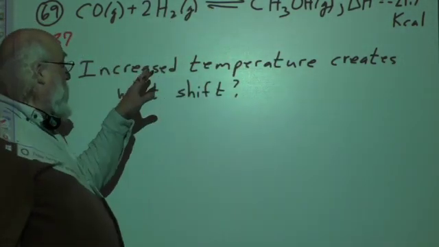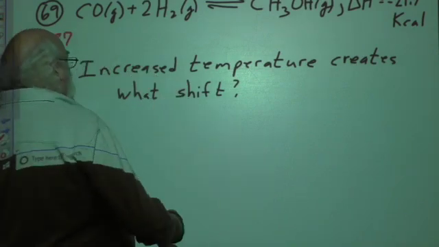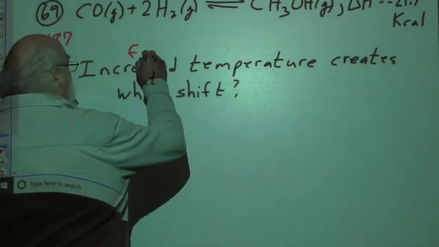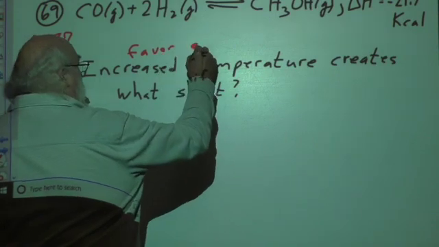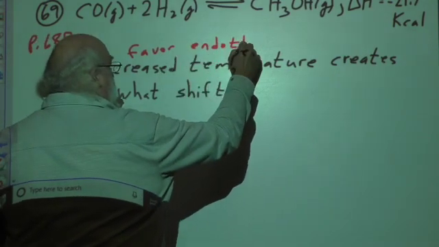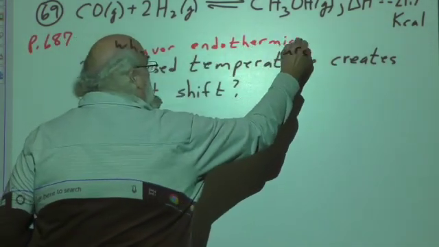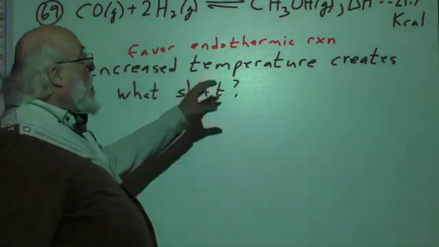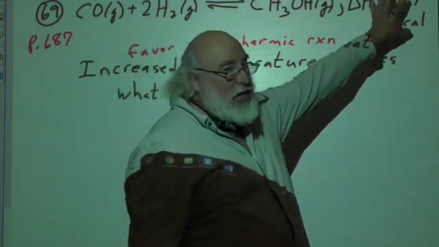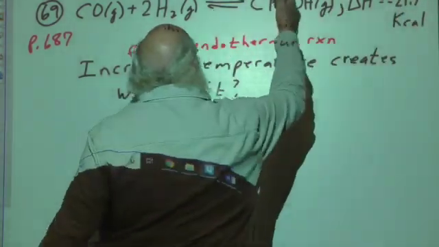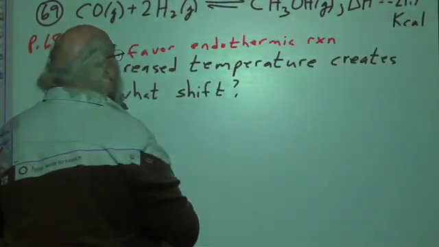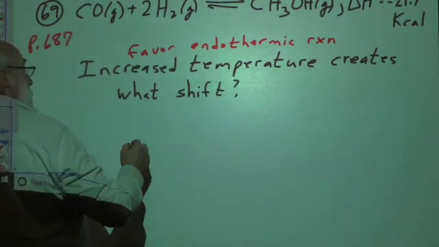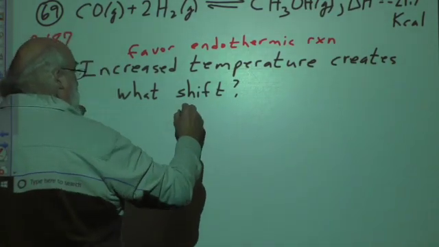Well, if you increase temperature, it's going to favor the endothermic reaction. If the reaction to the right is the exothermic, then the reaction to the left favors the endothermic reaction, and so it's going to shift left.